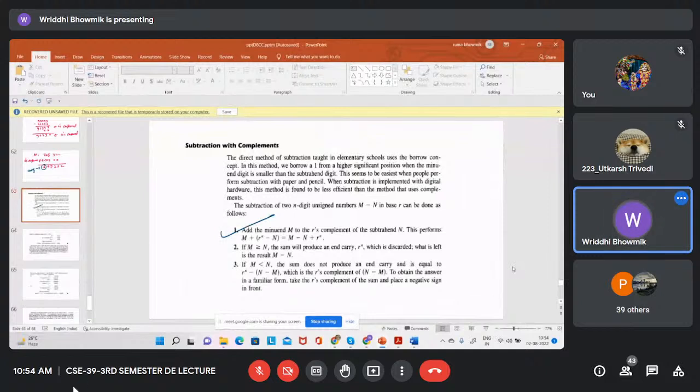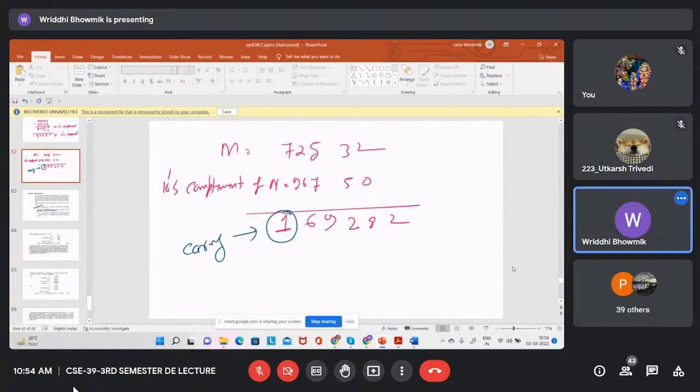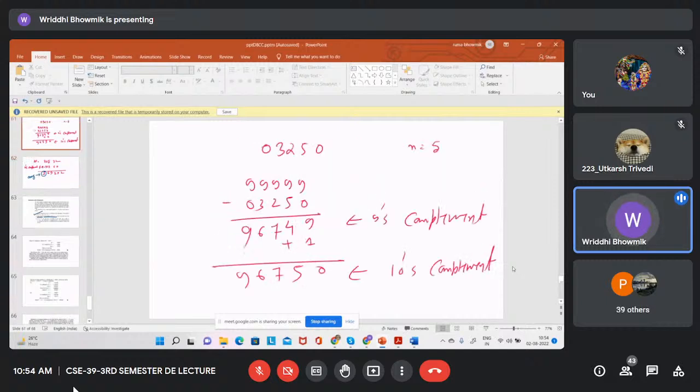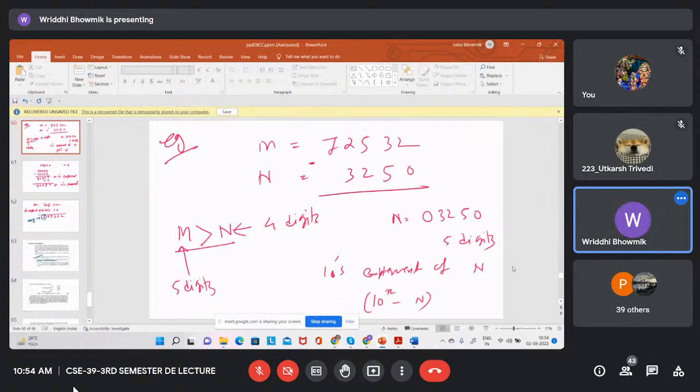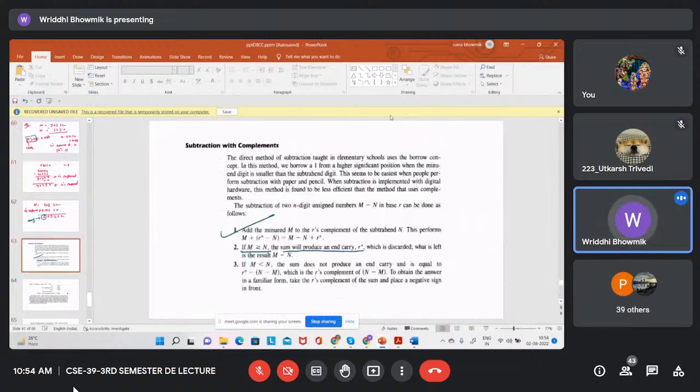Now the second step: if M is greater than or equal to N, the sum will produce an end carry. In the example, I have already written M greater than N. For this particular example, the minuend is greater than the subtrahend. So from the principle of subtraction in the complement system, when the minuend is greater than the subtrahend, you will get an end carry.